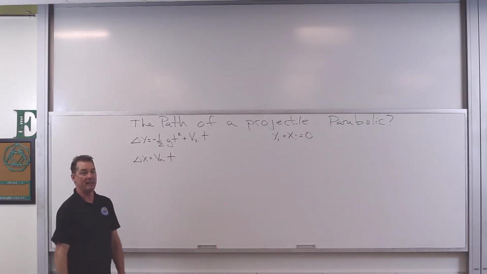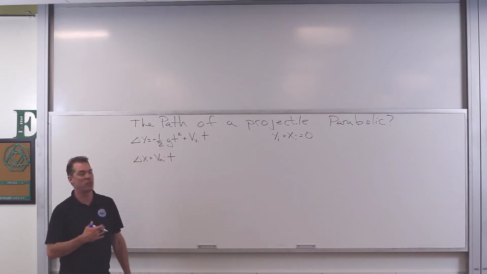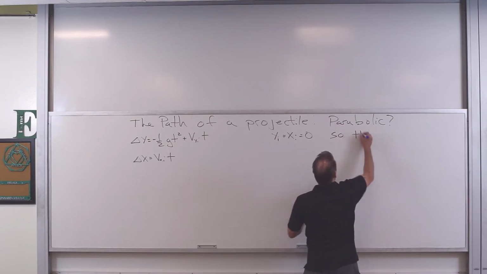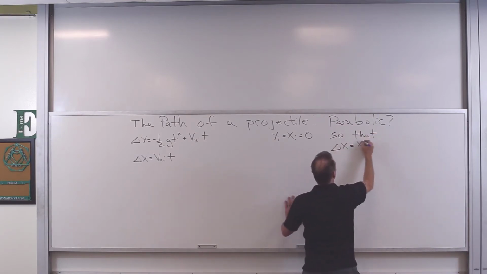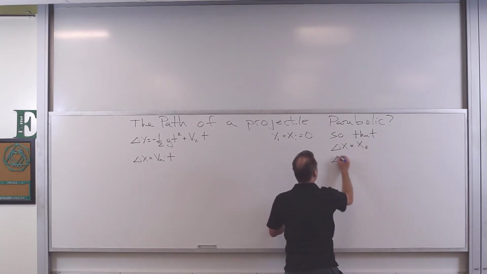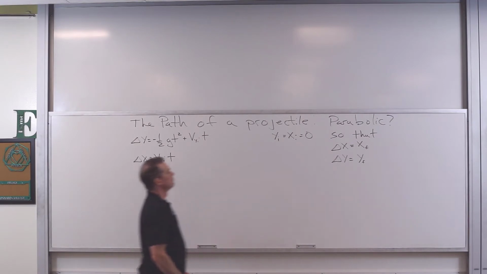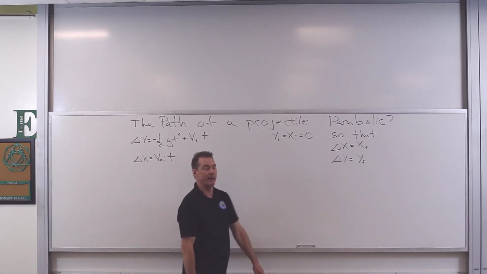Let us just say that, because then we can change these from displacements to actual positions. It just looks a little bit cleaner. So that delta x is equal to x final, and delta y is equal to y final. We're just kind of taking out some constant that's arbitrary anyway.